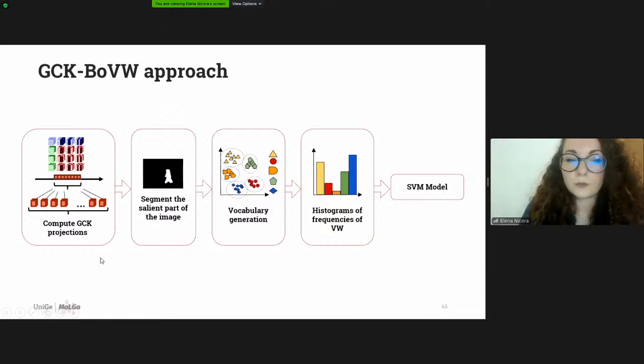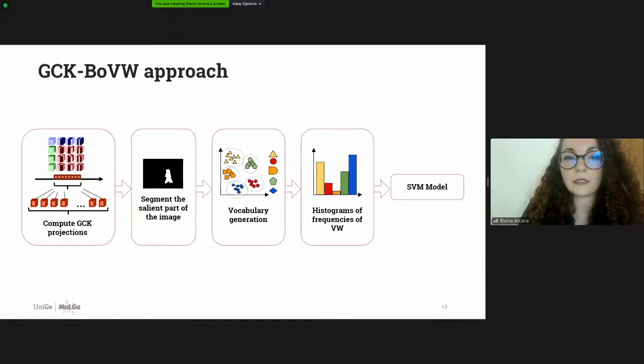We computed the projections, and we used our projections to segment the salient part of the image. So instead of using all the pixels in the image, we focus on the segmentation, and we take the pixels inside the segmentation with their vector of projection values, and we use them in a clustering algorithm.